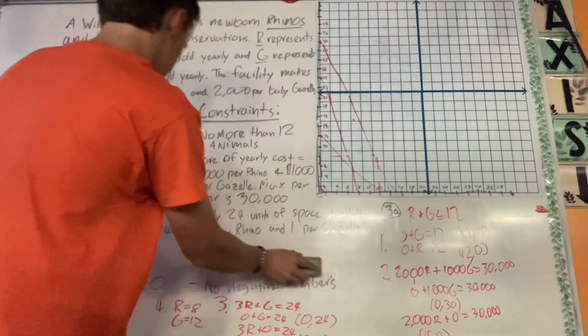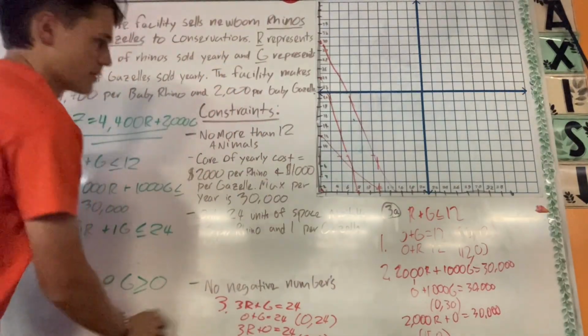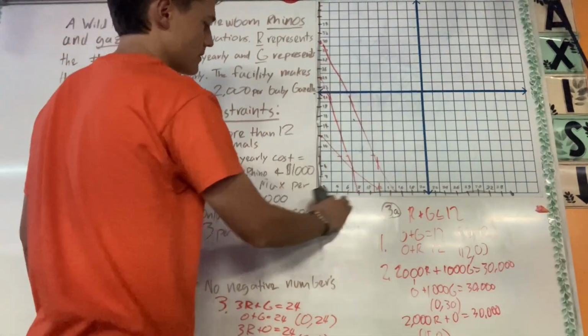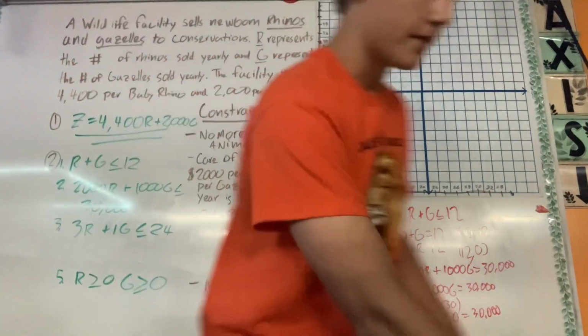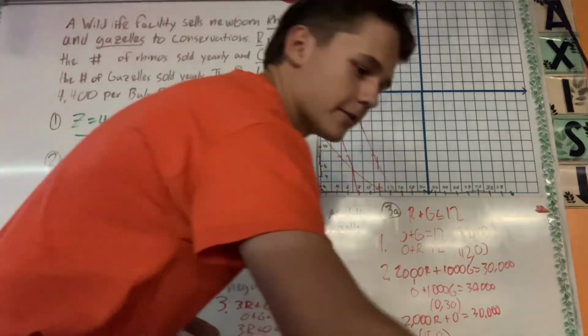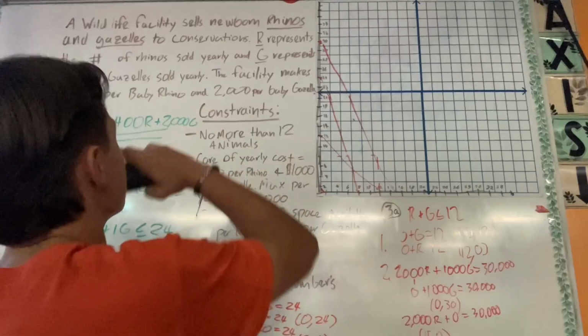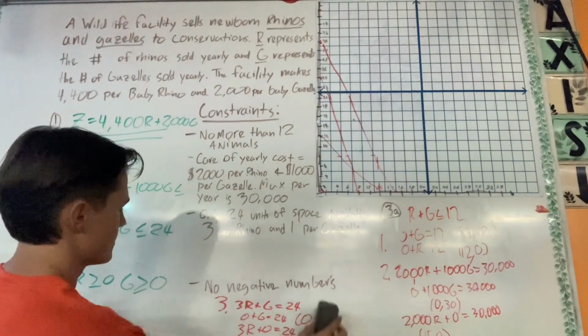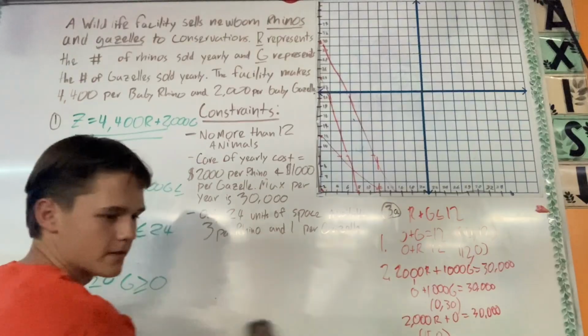So I'm going to go back and find the 4 points. So that'll be this one, and these 2 right here. And then from there, we can find our maximum value for the facility. Alright, so I'm going to eliminate this right here, just so I have some space.